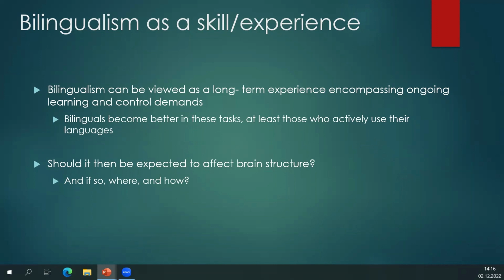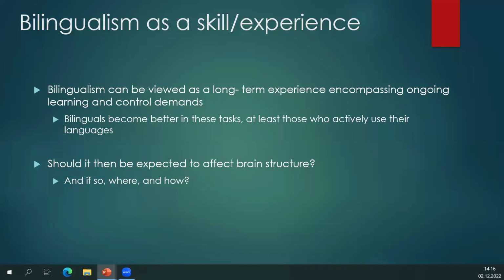The more you learn in two languages, the more there is to control between these two languages. The level of vocabulary, phonology, syntax, you name it. Bilinguals become better at both acquiring and controlling the languages, as long as they're active in using the languages, obviously, right? Because I learned German when I was 14 for 4 years, and I remember 3 words now.